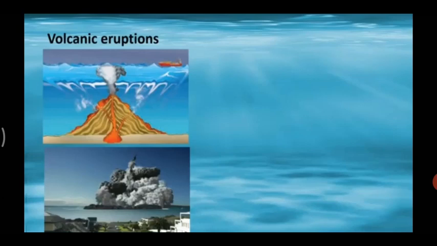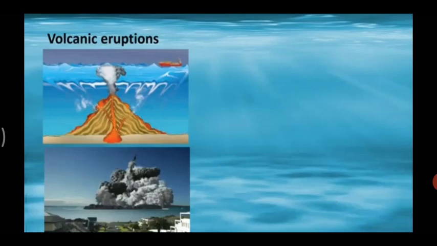During volcanic eruptions, different minerals, ashes, salts, and gases are added to the water. This also increases the level of salts and minerals in the ocean water.